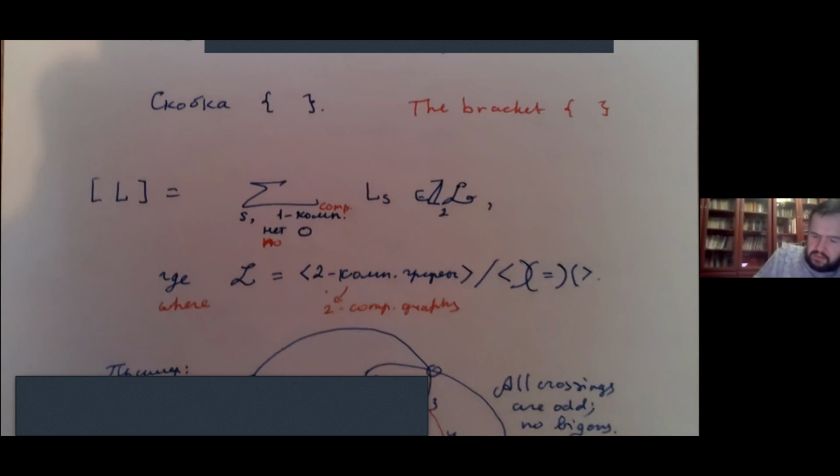So we smooth over all pure crossings, and on the other hand, instead of saying that I forbid two components, I can say, okay, I forbid the situation when we have only one surface.